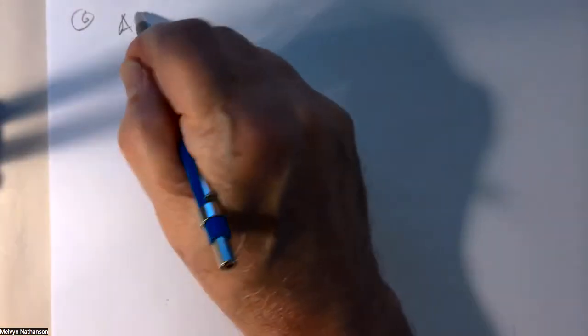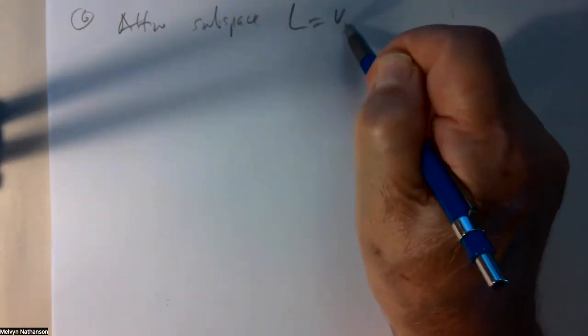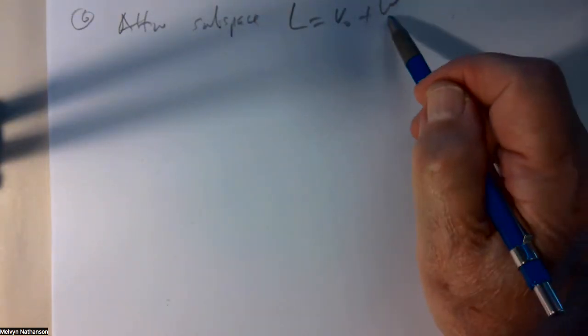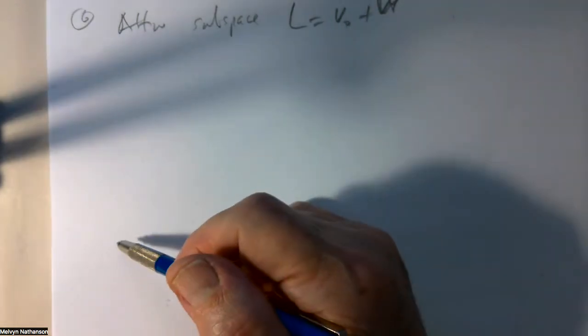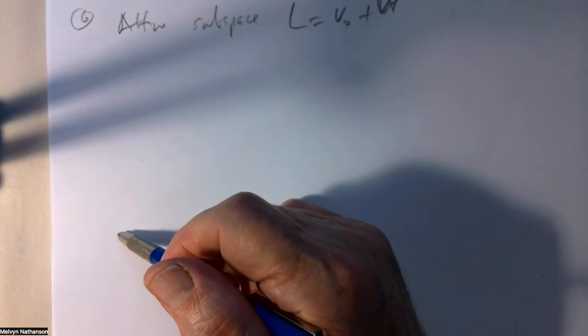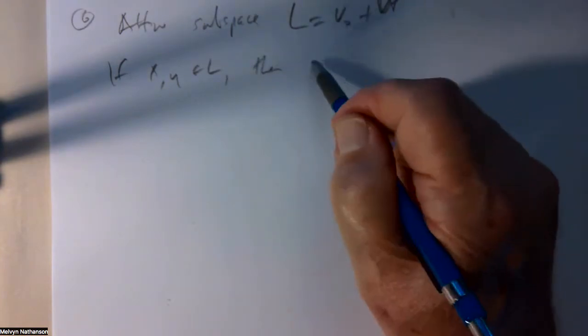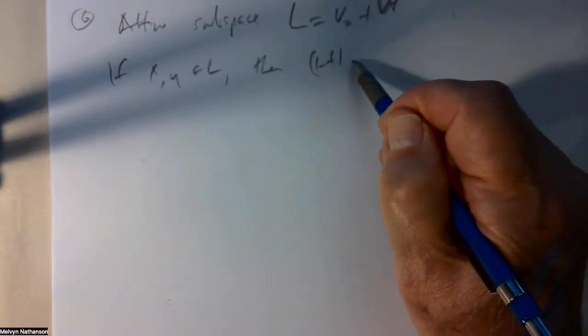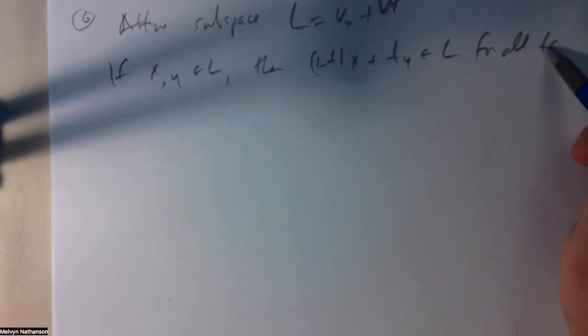We have an affine subspace L equals V naught plus W. That means W is a subspace and V naught is a vector. And we want to show that if X and Y are in L, then this linear combination (1 minus t)X plus tY is in L for all scalars t.